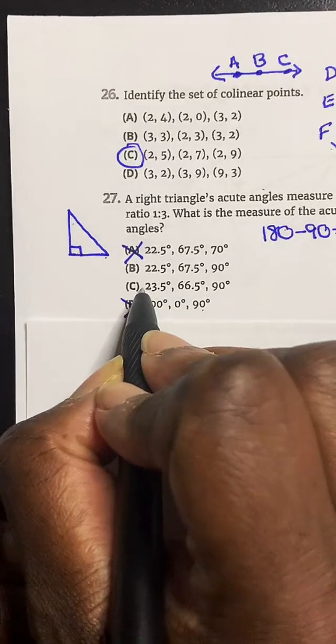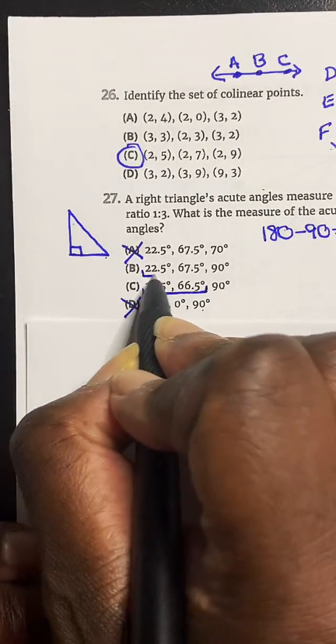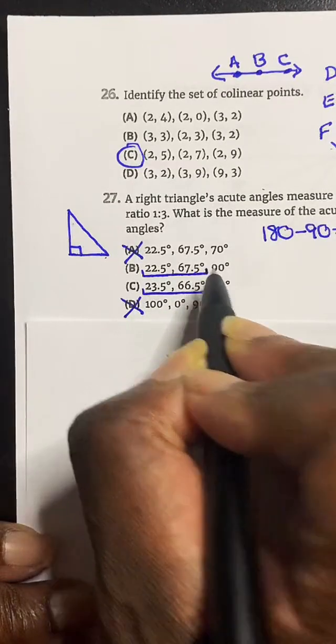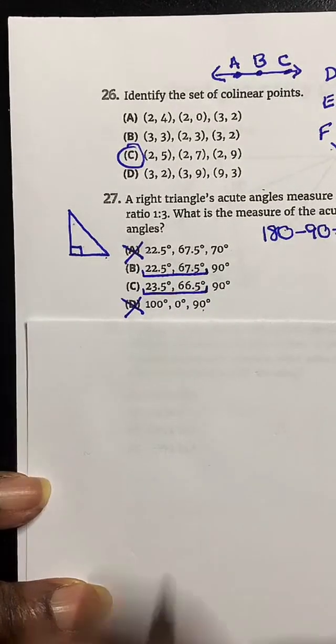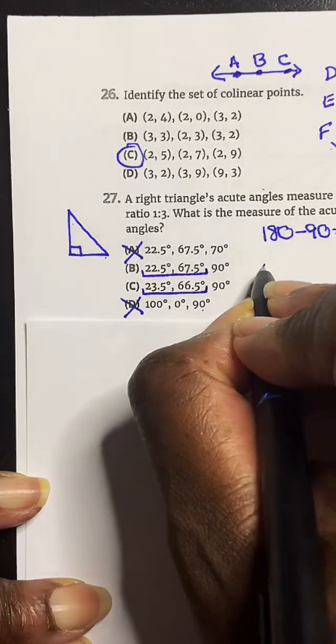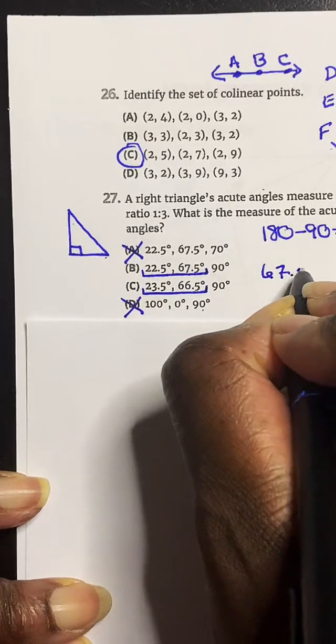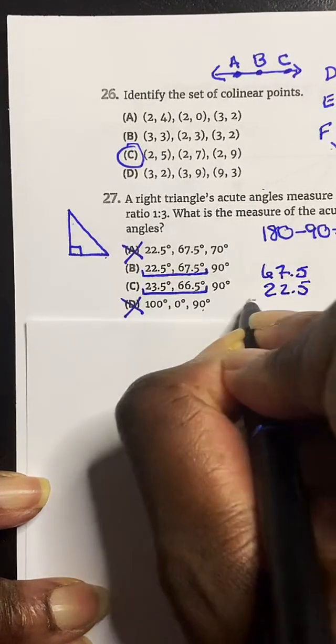So I need to know which one of these combos is going to add up to equal the remaining 90. Okay, so if I did, well, we got like 67.5 and 22.5.